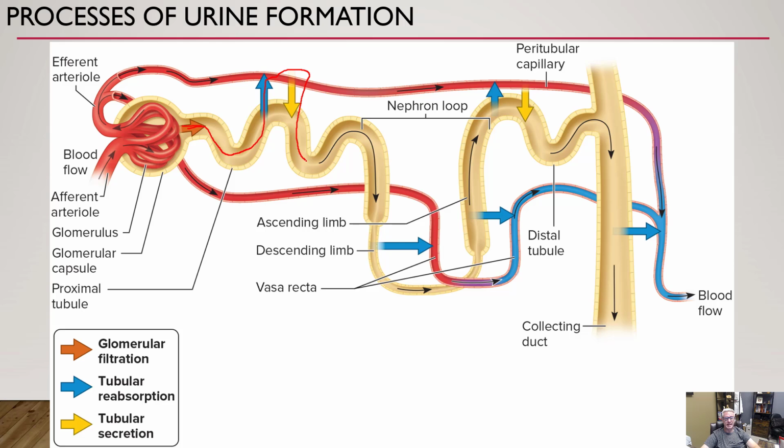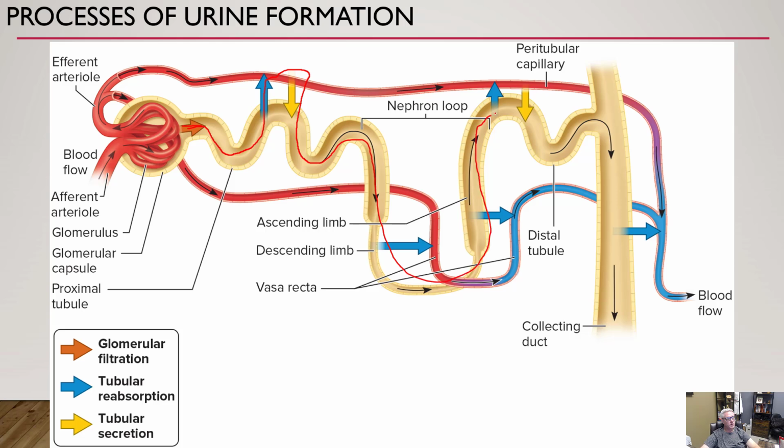Up to 80% is reabsorbed in the collecting ducts and secreted in the ascending limb of the loop of Henle.